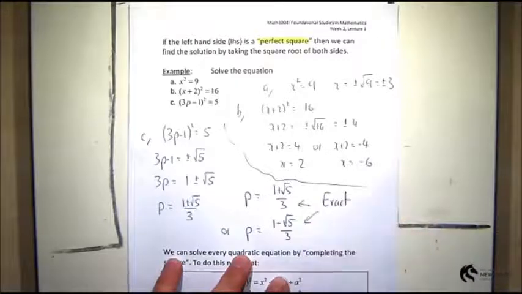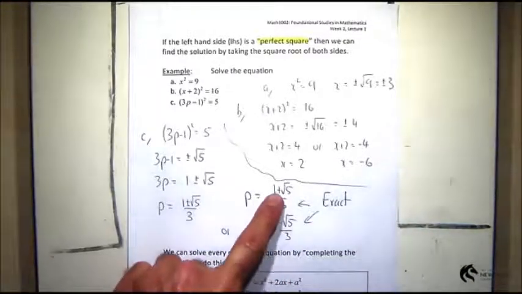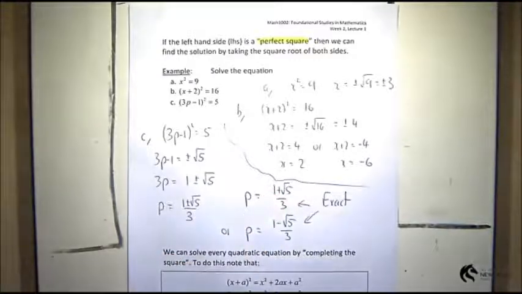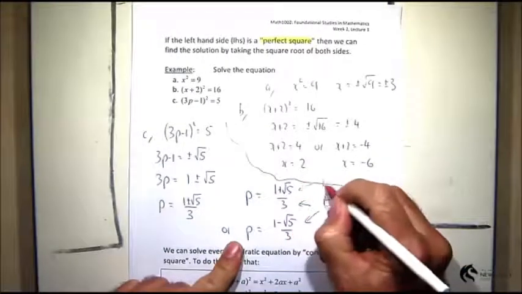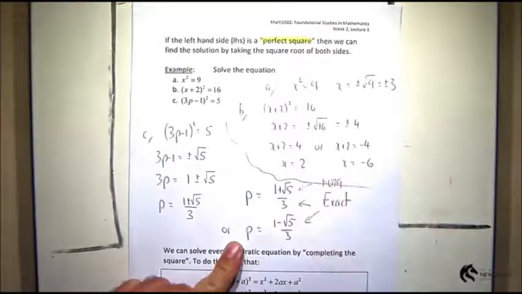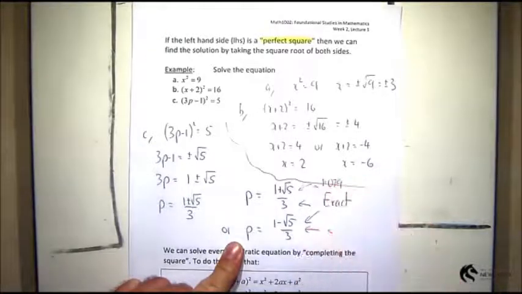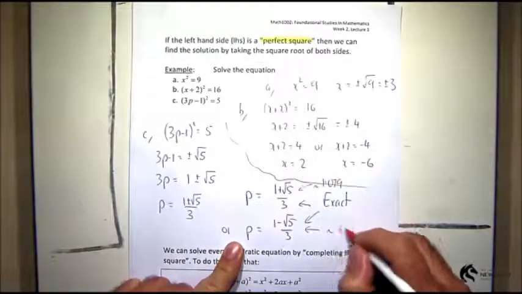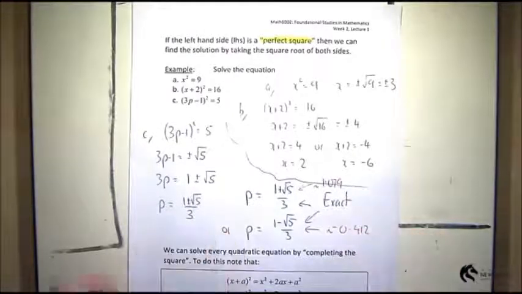So these are the exact solutions to it. If I were to approximate the square root of 5, this one turns out to be about 1.079 to 3 decimal places. So that's approximately. This one turns out to be about minus 0.412 in there.